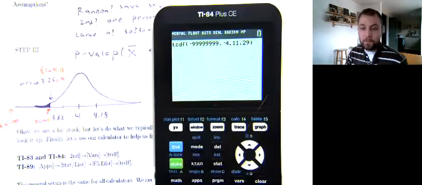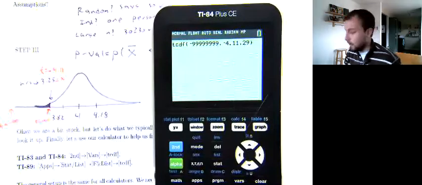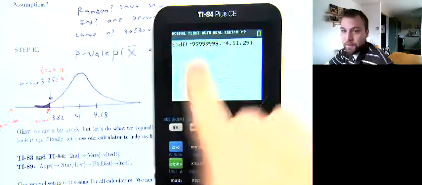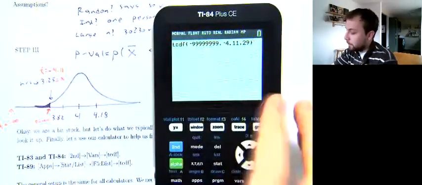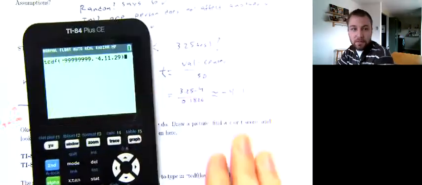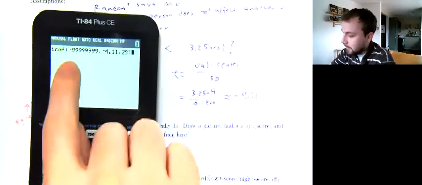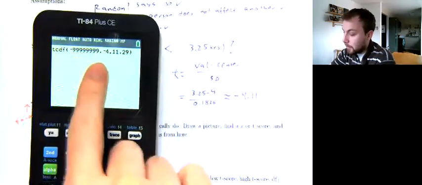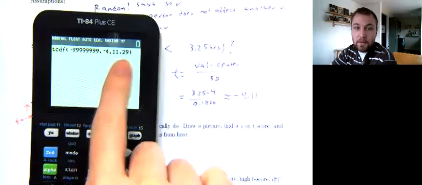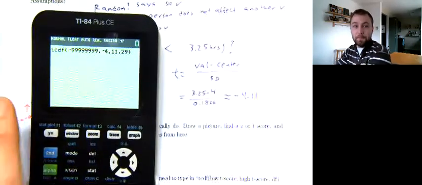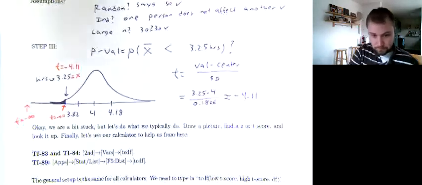Now, if you're working from a TI 83, when you do TCDF, it's just going to give you parentheses. And the setup you're going to do there when you're typing in the numbers should look like my final setup here, where I have TCDF, my low value, comma, my high value, comma, my degree of freedom. I'm going to write that out here.